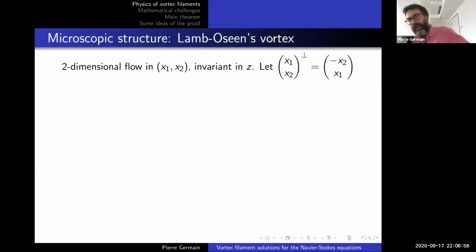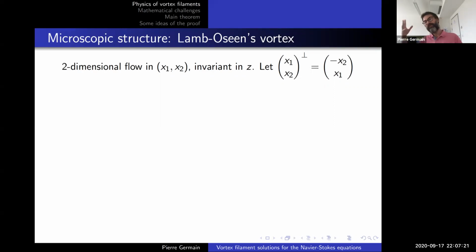Okay, so now I'm going to try and talk about the microscopic structure of a vortex filament. So there is sort of a 2-scale problem. On the microscopic scale, what we're going to see is the filament thicken through diffusion.